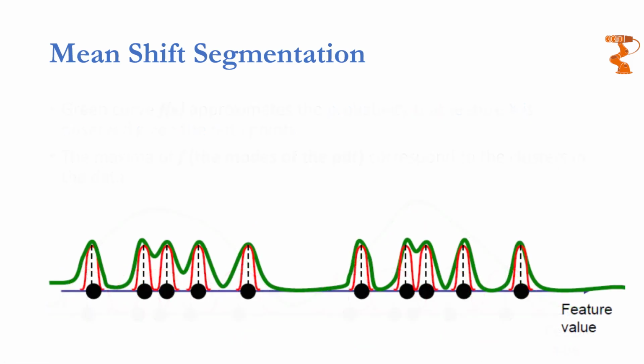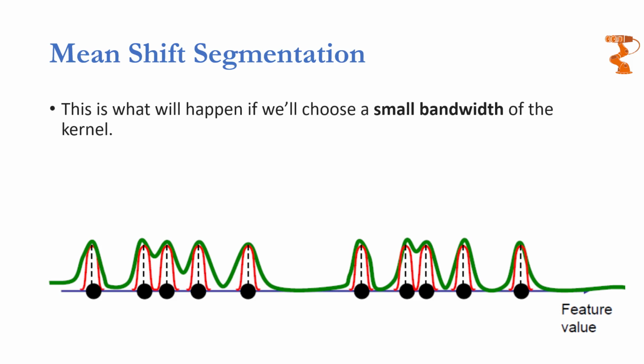Before moving on, I'm going to discuss two problems associated with the kernel density function. I've chosen a kernel density function of a certain standard deviation. But what if I had chosen a kernel density function of a small bandwidth or of a small standard deviation?